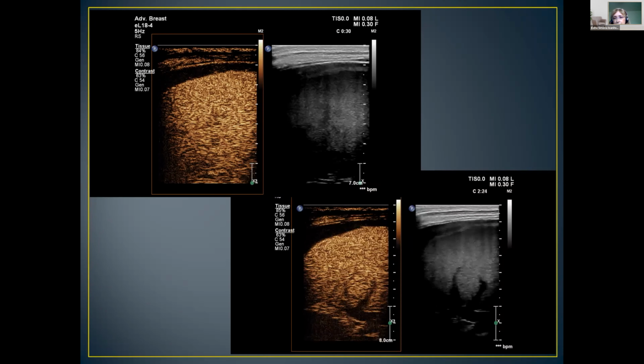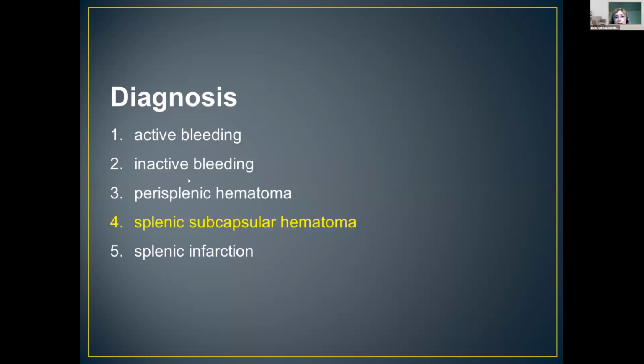And our final diagnosis was a splenic subcapsular hematoma, and it was an inactive bleeding at that moment. It was very nice on the B mode because you used the high frequency probe.